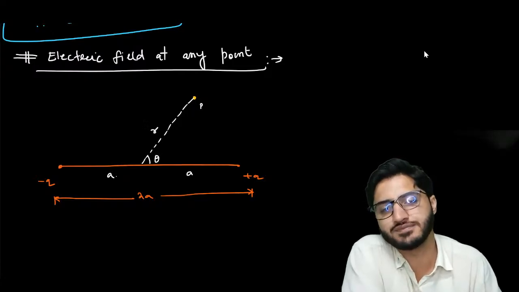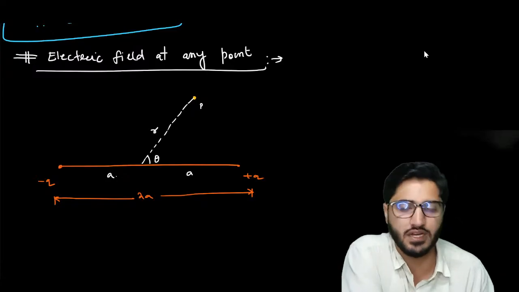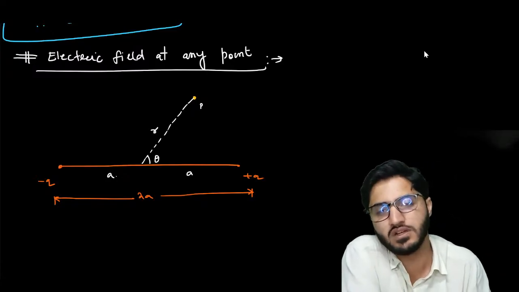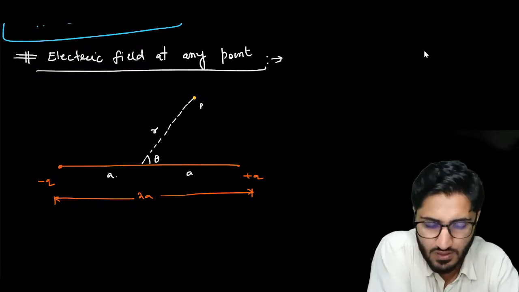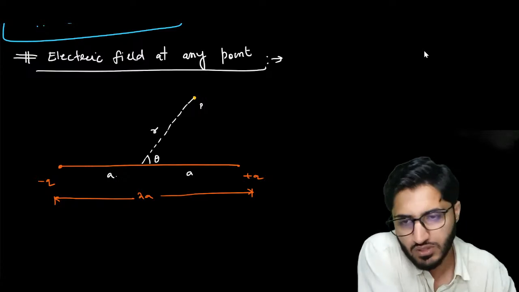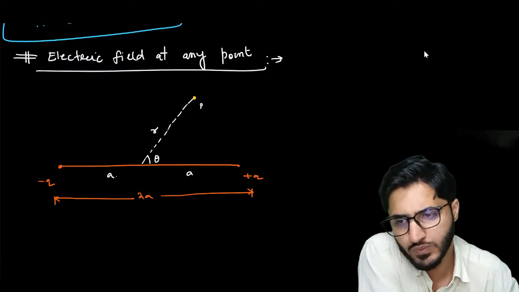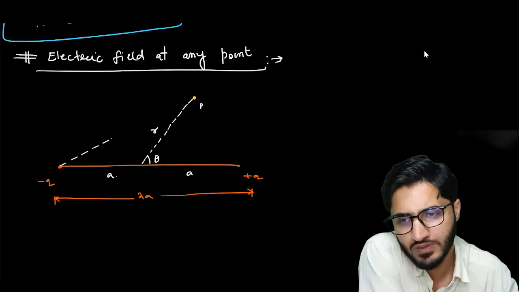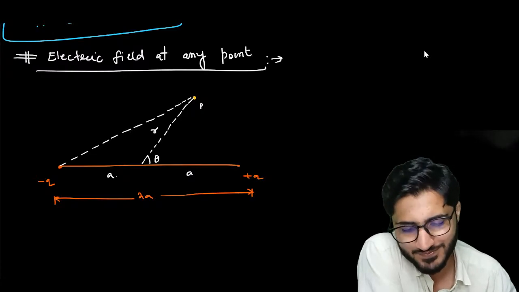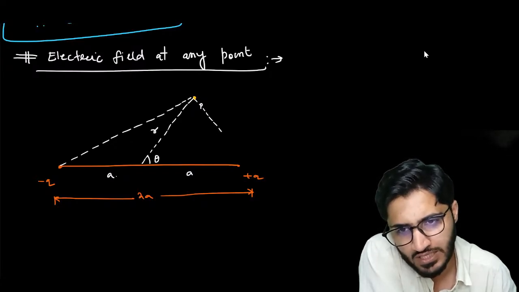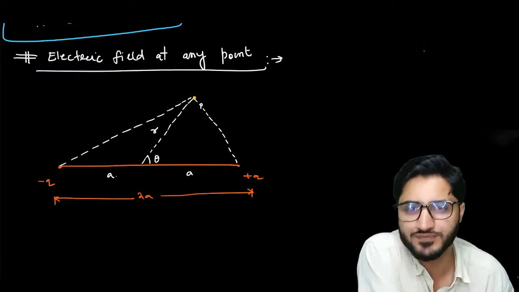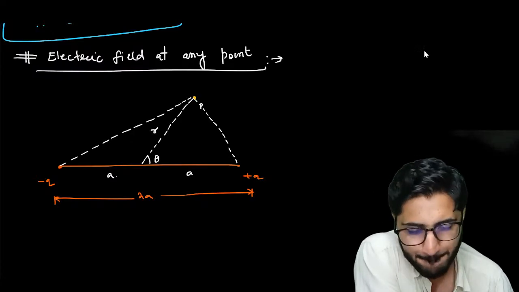One thing we know: this minus q will attract it, and this plus q will repel it, like this.